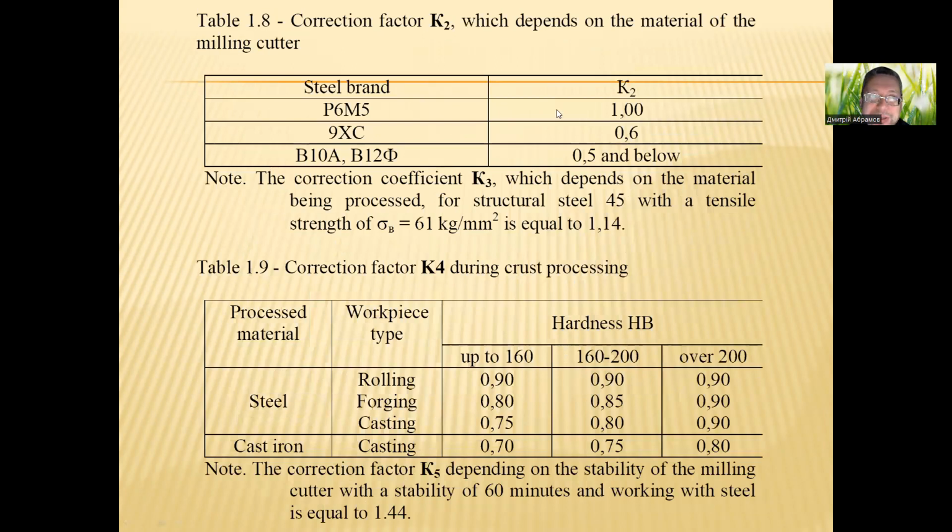Table 1.8, correction factor K2, which depends on the material of the milling cutter. Table 1.9, correction factor K4 during crust processing. And correction factor K5, depending on the stability of the milling cutter, with a stability of 60 minutes and working with steel, is equal to 1.44.